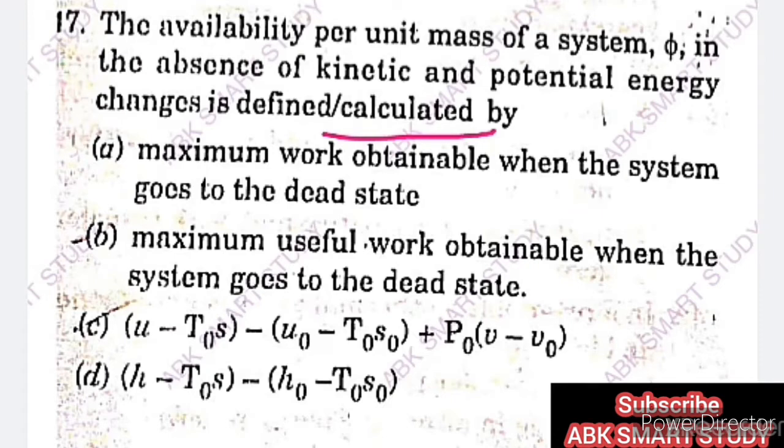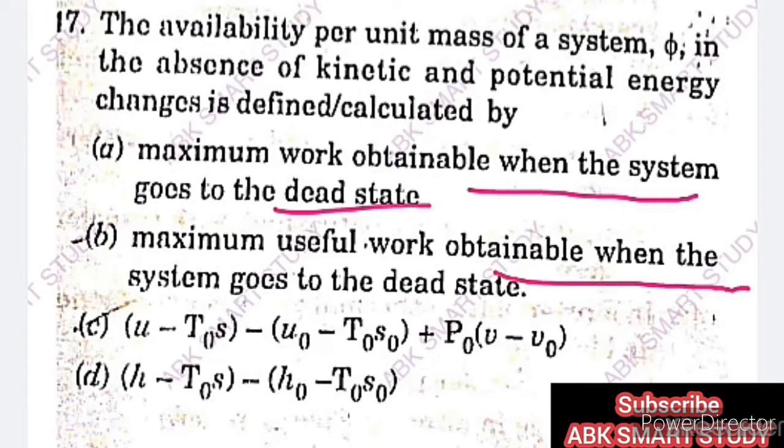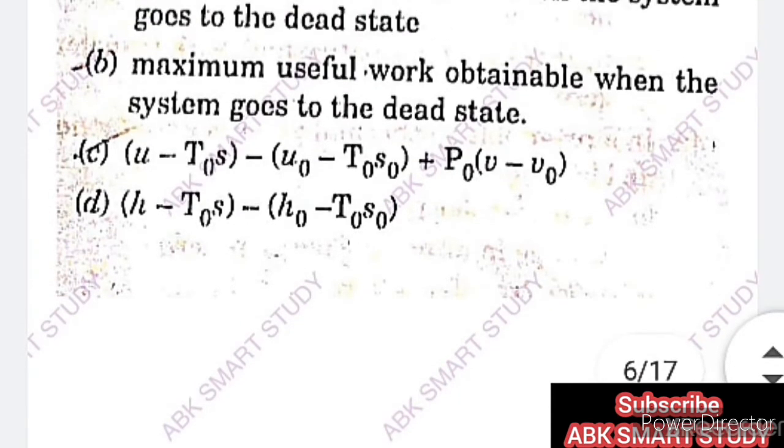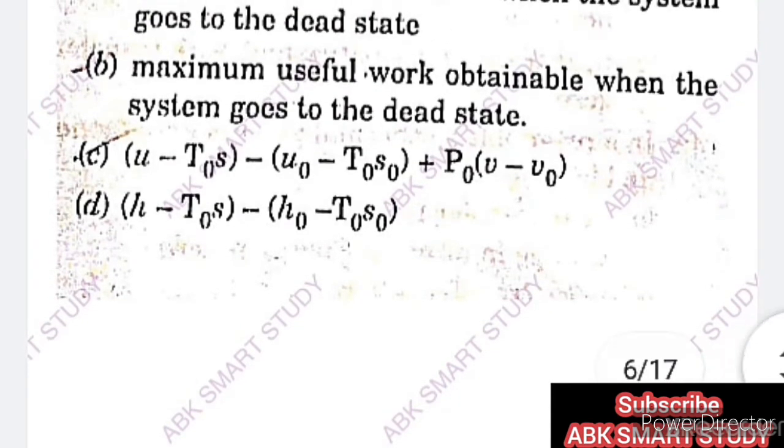Here the options are: option A, maximum work obtainable when the system goes to the dead state; option B, maximum useful work obtainable when the system goes to the dead state; option C, (U minus T0S) minus (U0 minus T0S0) plus P0 into (V minus V0); and option D, (H minus T0S) minus (H0 minus T0S0).